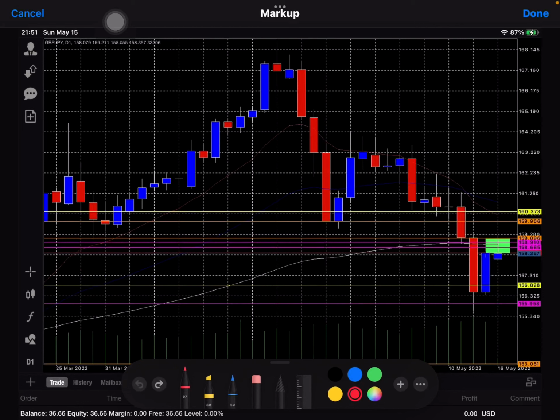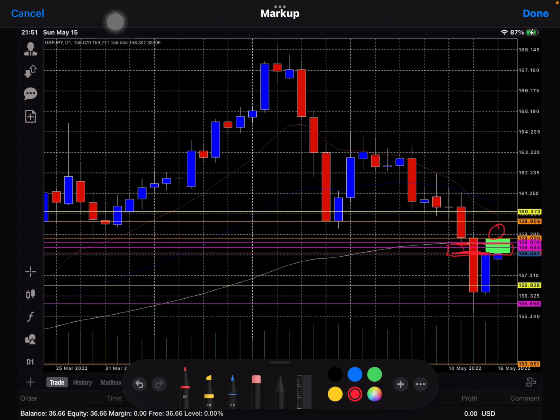So when I see that, I see that last week on the daily it closed here, and there's this gap right here. That's a good opportunity for us to check out the opportunity to re-enter the market in a sell situation a little bit higher.